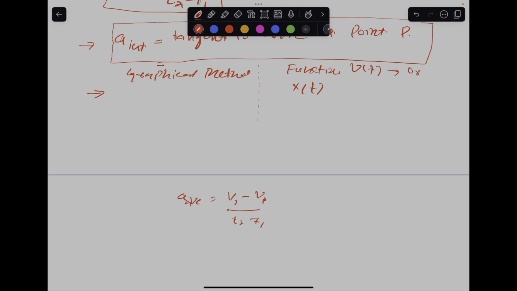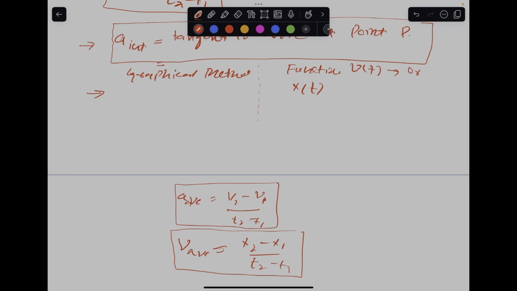Your average velocity is x2 minus x1 over t2 minus t1. So you calculate velocity first from the position function, then substitute the velocity at different times, and then calculate the average acceleration.